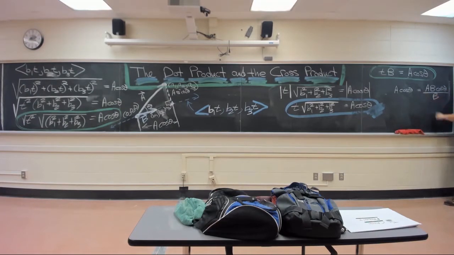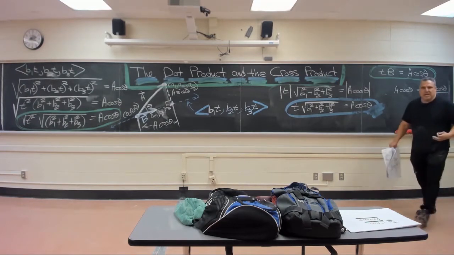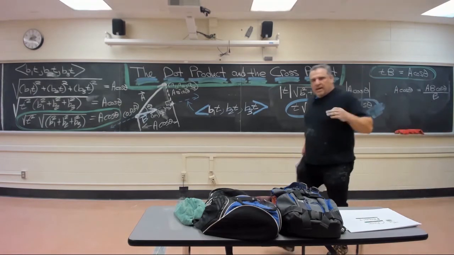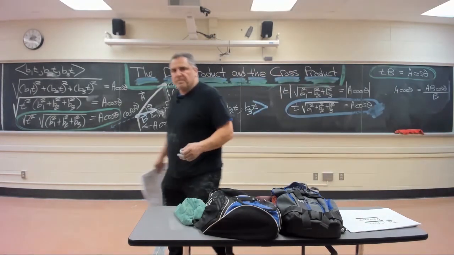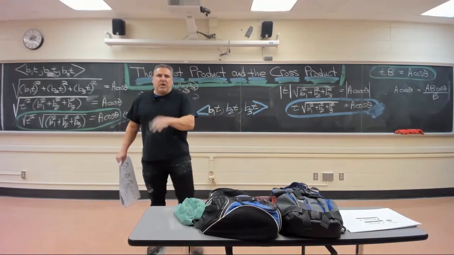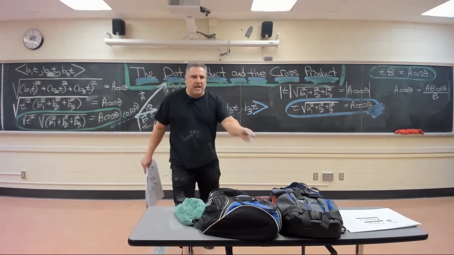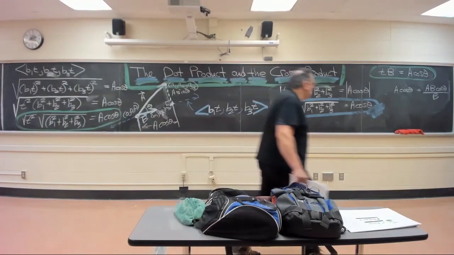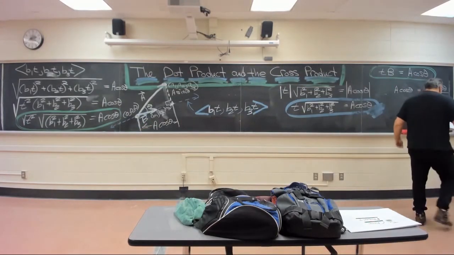over B. Well, I'm not saying anything too profound here, guys. AB cosine theta divided by B is A cosine theta. No big deal. Now, why are we doing that?